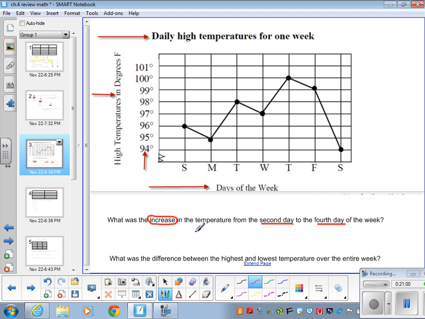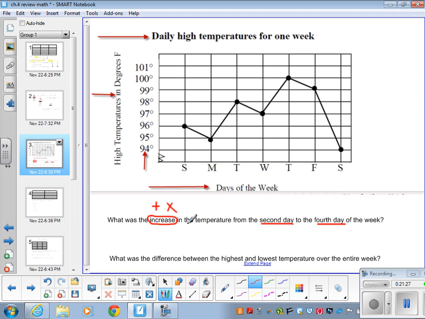Is that a sign, math sign, to tell us to add, subtract, multiply, or divide? If you said add or multiply, you're correct. Increase means to add or multiply. It means to make something bigger.